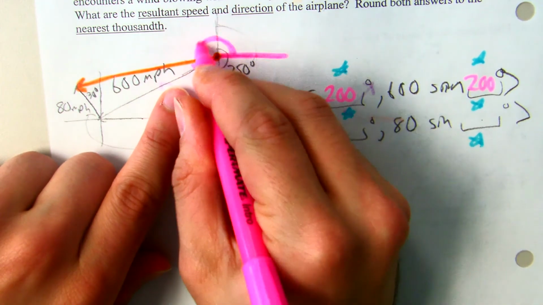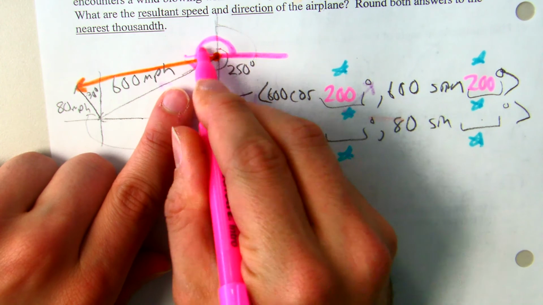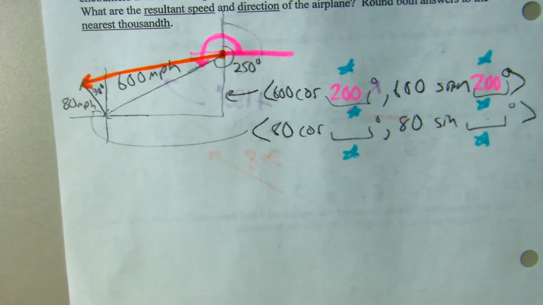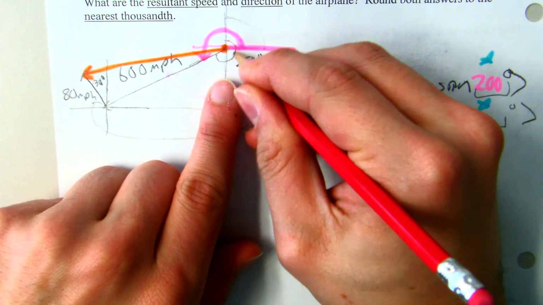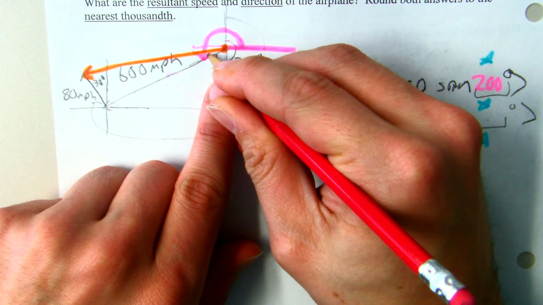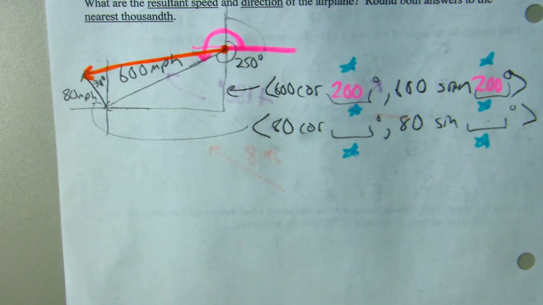Positive x-axis here. This is 90, this is 90, so that's 180. And this bearing was 250. So this much of it was 90, this much of it was 180. If it had gone 3/4 of the way around, that would be 270. There's only 250, so I knew this last little piece of it was 20.